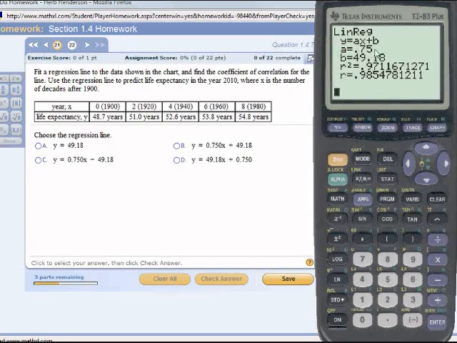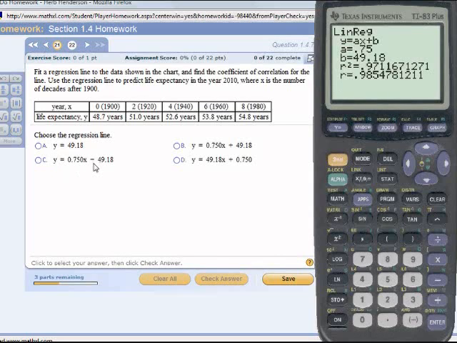Well, no, that doesn't work here. If I substitute a in for that, and b in for that, 0.750x plus 49.18. Not a bad choice. Let's go look at the others.